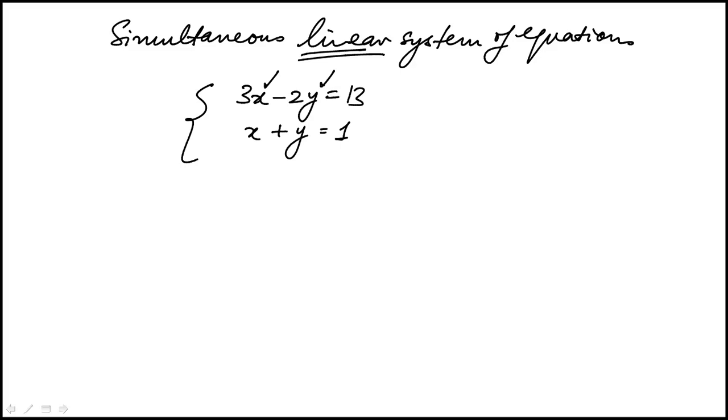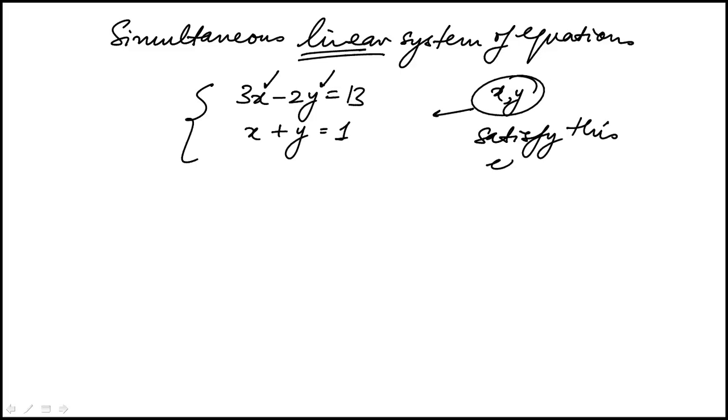And we're looking for those pairs of x and y that satisfy these two equations. So in general, there's only one unique pair. There are some cases where you could have multiple, but most commonly there would be a unique pair. And those are the only ones we're looking at right now.